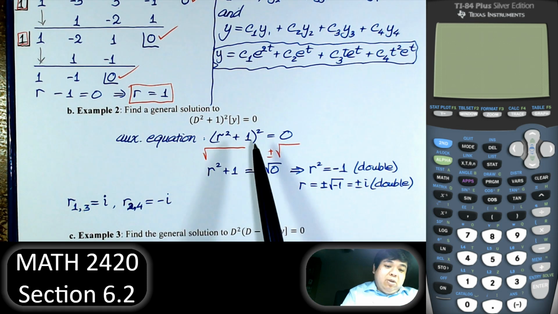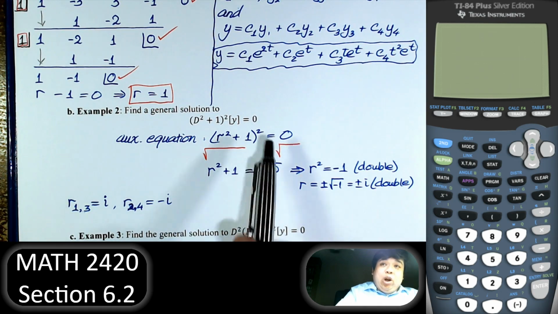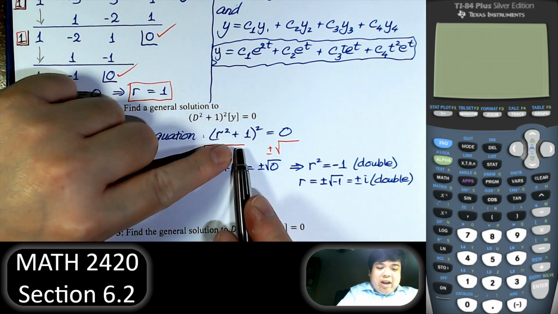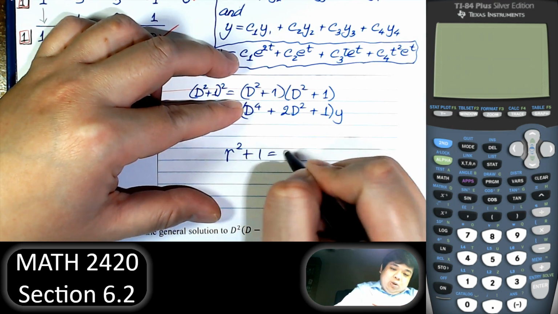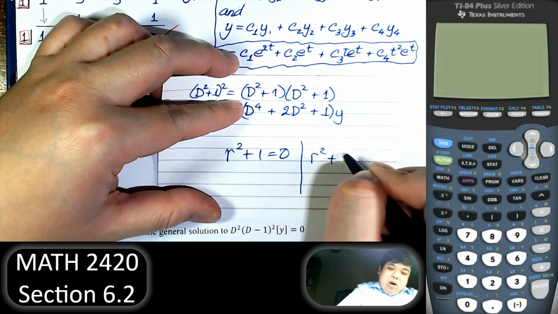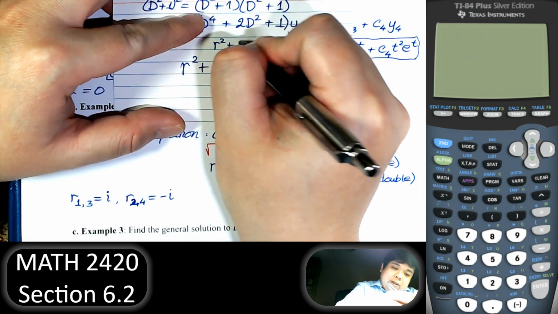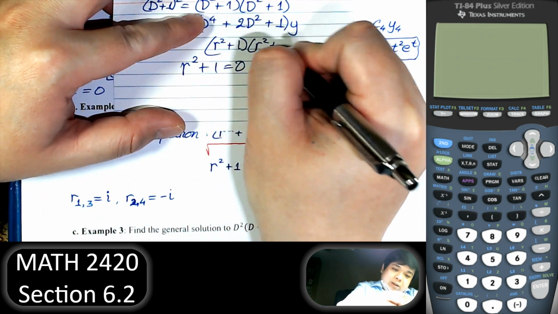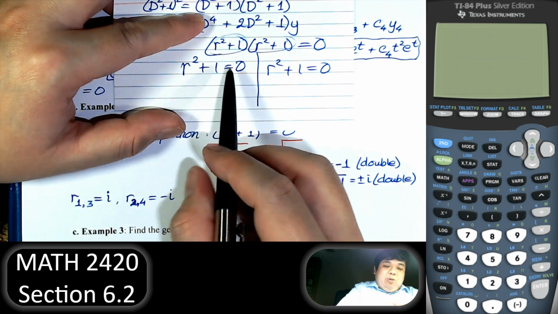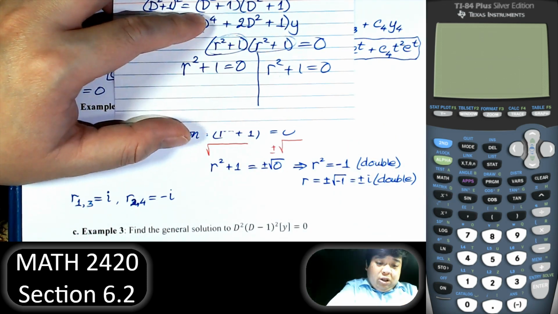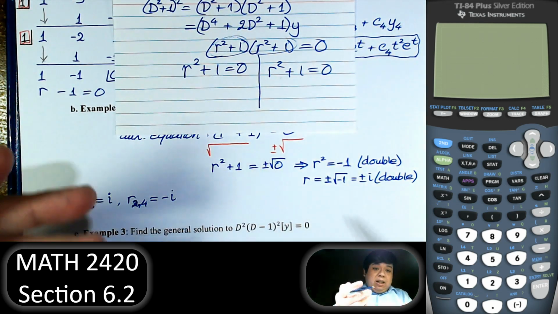Right. Because of the square here, when we take the square root, we lose one of the multiplicity. So what we have here is r squared plus 1 equal to 0, and r squared plus 1 equal to 0, because we have the square. So we have that equal to 0 or that equal to 0, meaning that either one of them is equal to 0. So the solution we have is going to be repeated again.